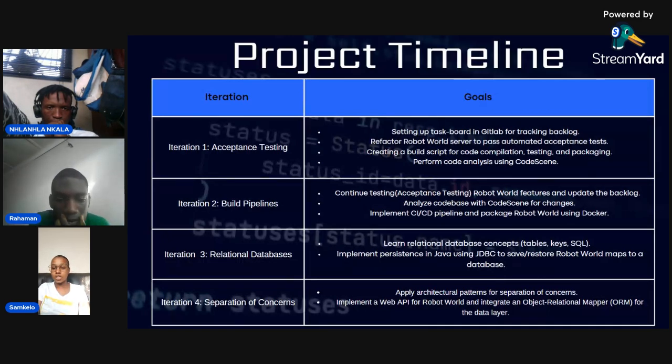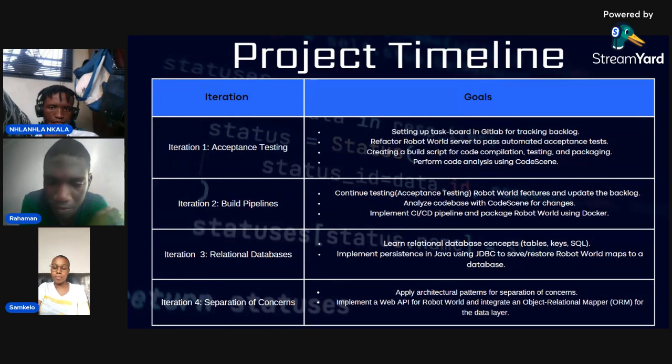For the fourth iteration, we had to apply architectural patterns for separation of concerns. We also had to implement a web API for robot worlds and integrate an ORM that won't disturb the database.